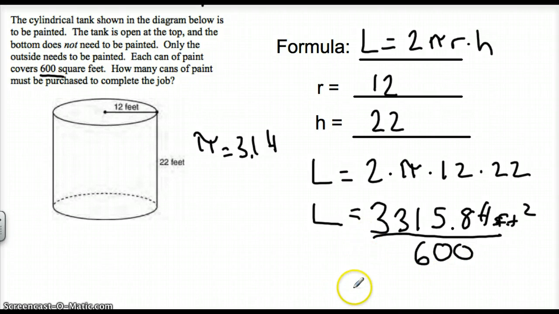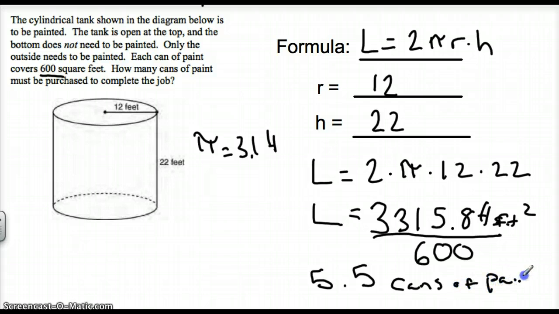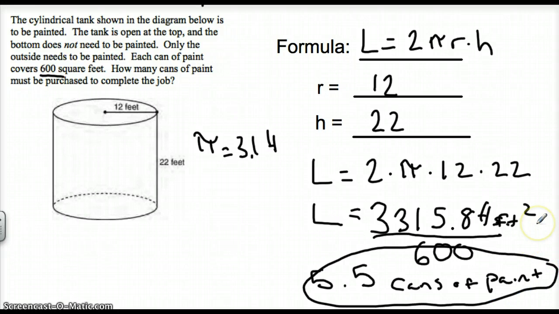So when I divide that by 600, I need 5.5 cans of paint. And that is all you need to do.